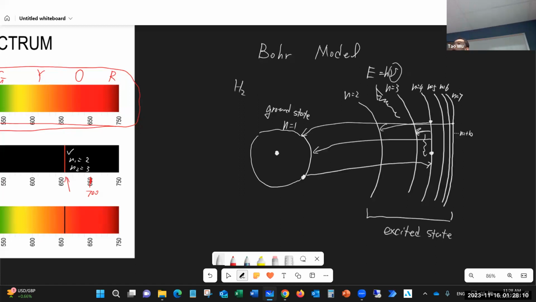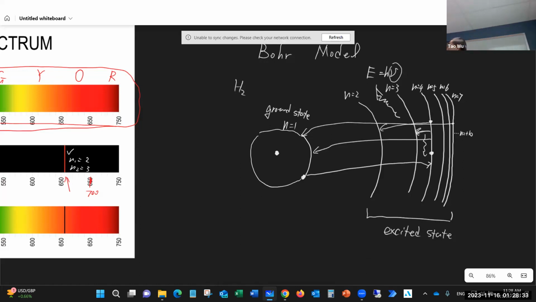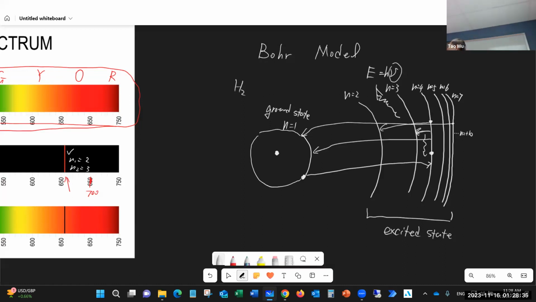So in other words, when the electrons jump back, the hydrogen releases energy. Some of it we capture, and that fits into the visible light. But there is some other energy that we cannot see, maybe fitting the ultraviolet, UV light, and infrared.